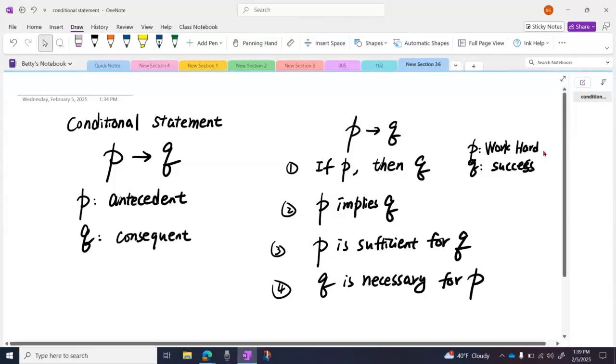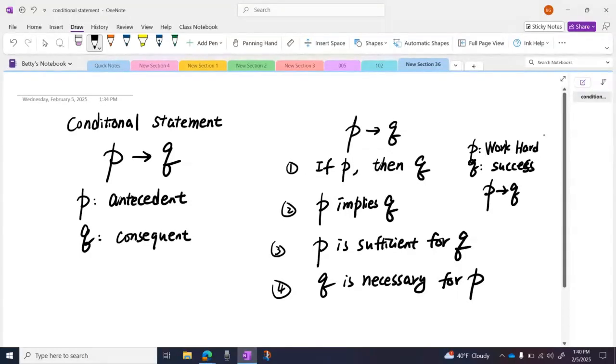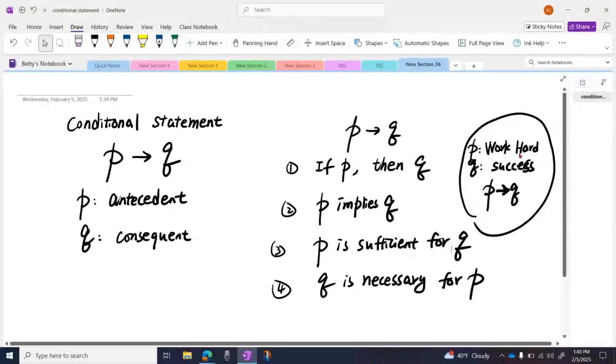Then P implies Q. We're going to use different ways to express this conditional statement.